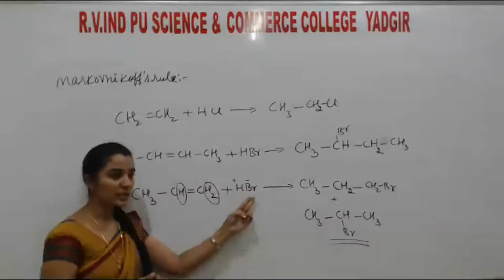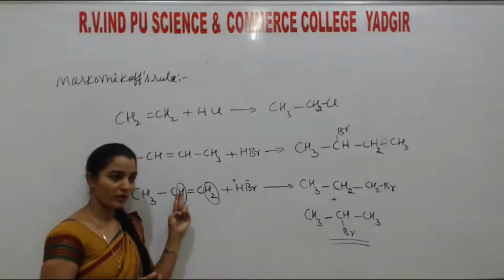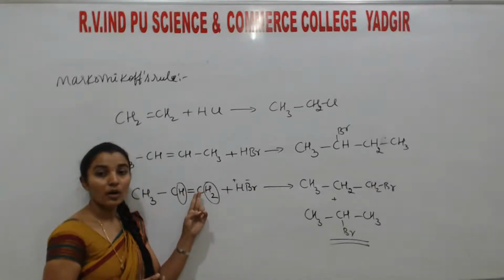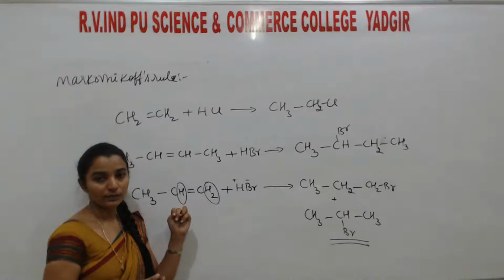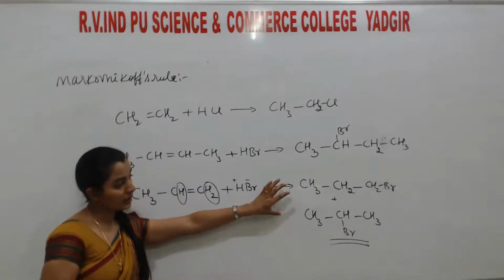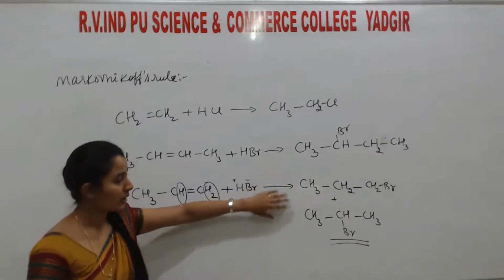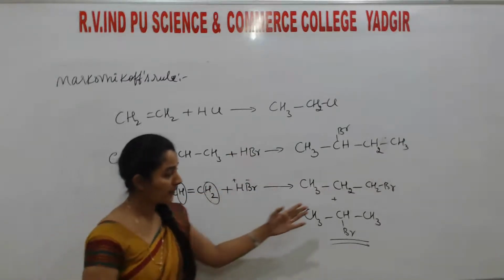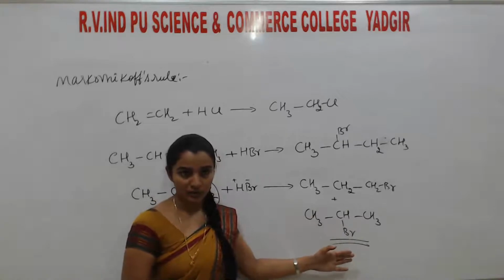One is negative part bonded to the carbon with fewer hydrogens, and the positive part bonded to the carbon with more hydrogens. Understood? So if no extra reagent is used here, no catalyst, no special reaction condition, then this is the favorable reaction.